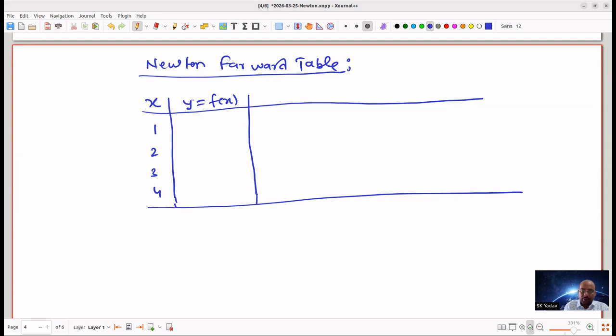And these points are given as 1, 8, 27 and 64. Now I will make the difference here first, delta y. Then I have delta square y. Then I have delta cube y.